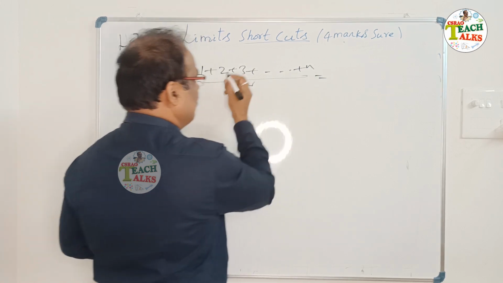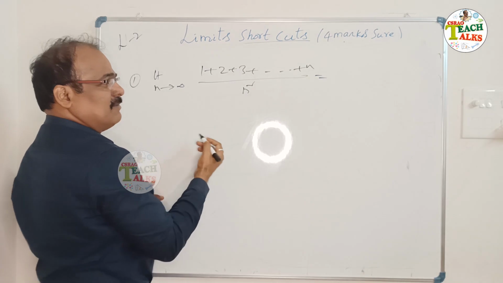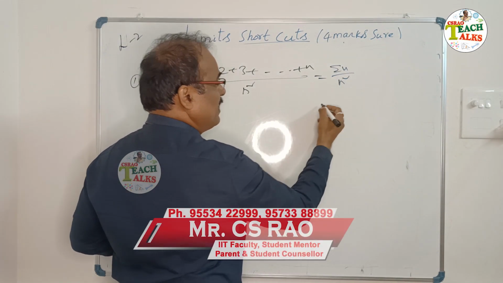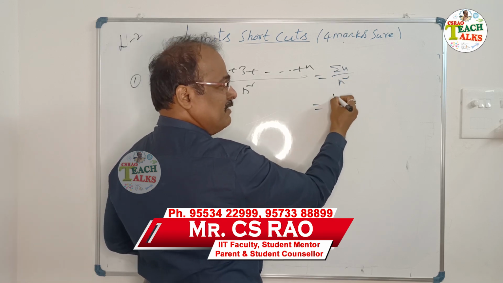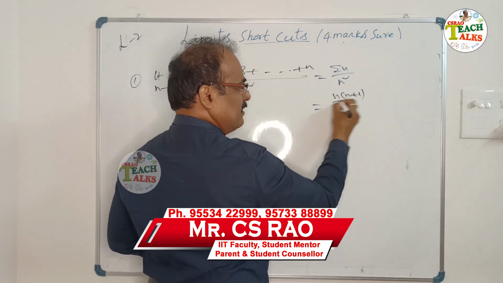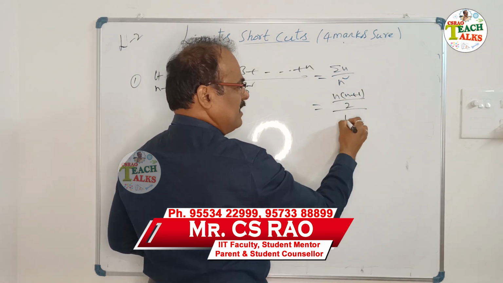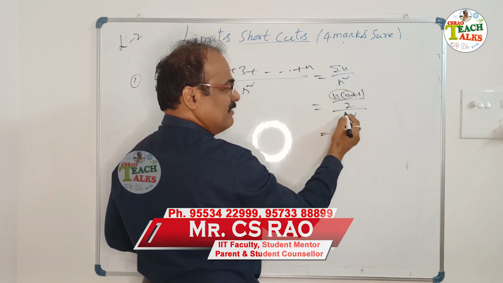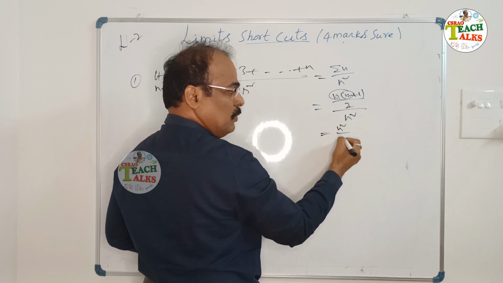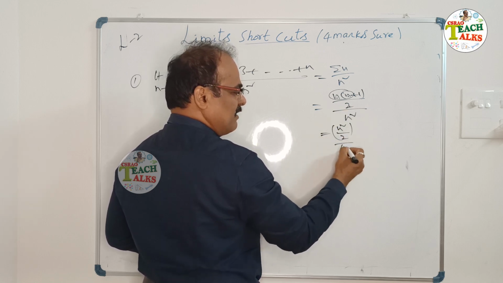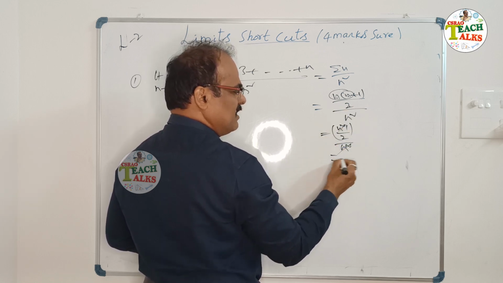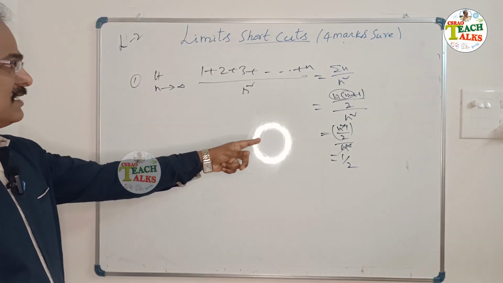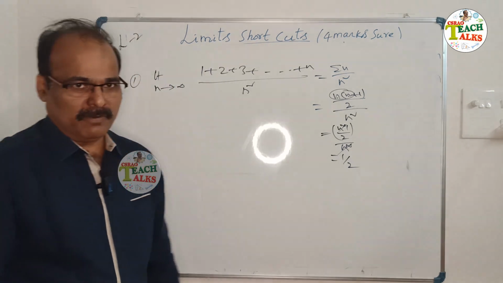This is the sum of the first n natural numbers, sigma n, by n square. What is the highest term here? n into n square by 2 by n square. N square gets cancelled. 1 by 2 is the final answer for this problem.